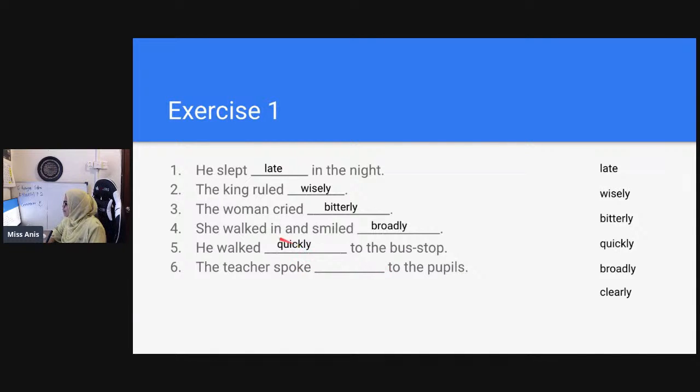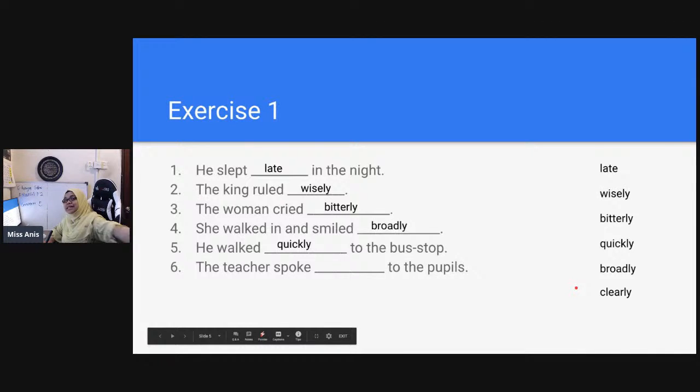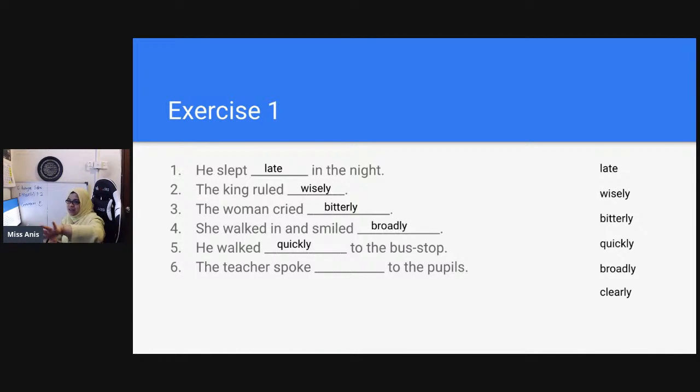Tapi because we have one more here, we need to put it here. So he walked clearly macam tak sesuai. Because clearly ni macam Miss cakap tadi, is usually when you try to clear a space, bila you nak bagi kosong satu tempat, ataupun bila you tengah bercakap, you tengah terangkan, it's clear. Okay, clear pun ada dua makna dekat situ untuk korang.